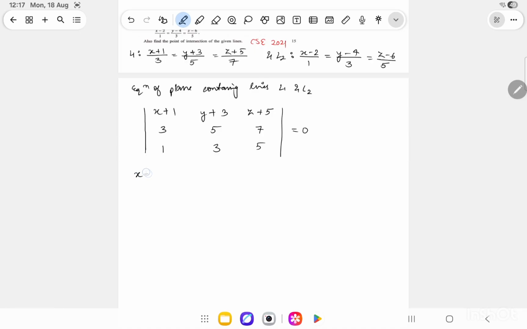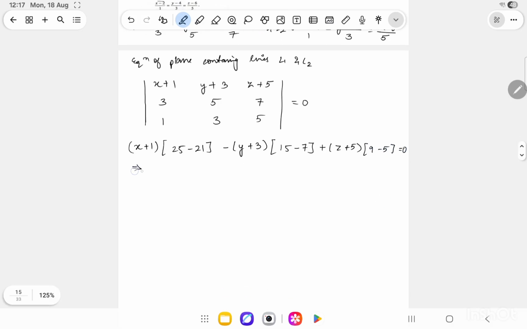Let us simplify: x plus 1 into 25 minus 21, minus y plus 3 into 15 minus 7, plus z plus 5 into 9 minus 5 equals 0.